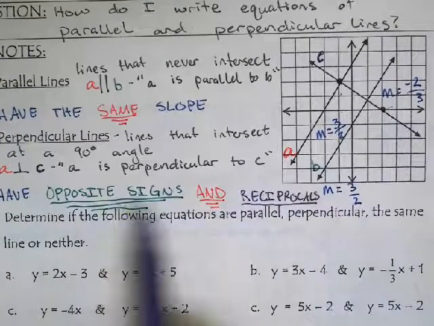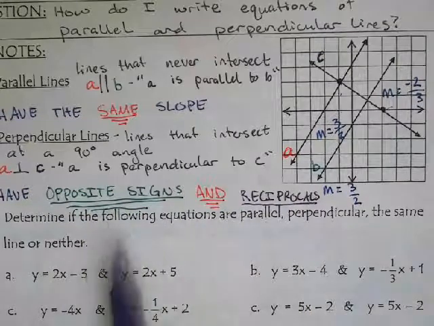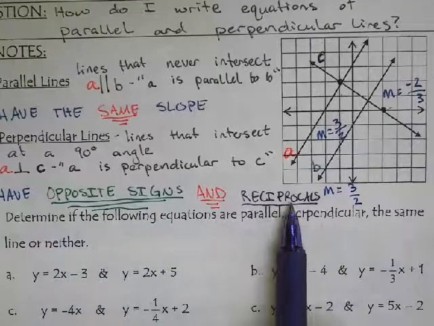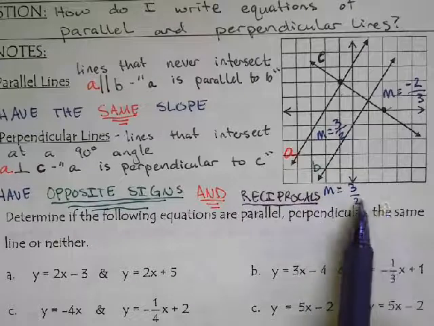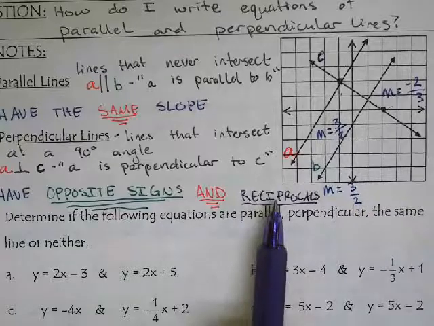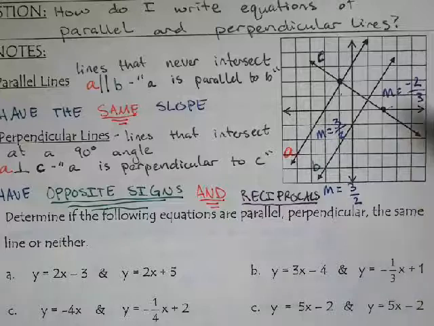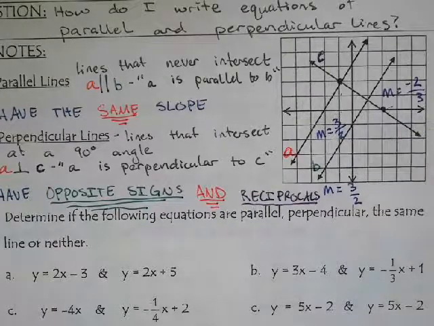So we need both to be true. If it's just opposite signs, these are not perpendicular lines. If they're just reciprocals, but they have the same sign, so say one's 3/2 and the other's 2/3, they're both positive, but they are reciprocals, they're still not perpendicular lines. You need both parts to be true. Opposite, one's positive, one's negative, and they need to be reciprocals, or flipped, of each other.